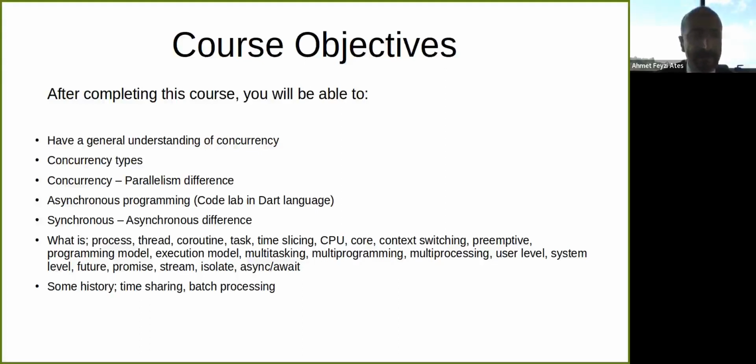And what is the difference between synchronous programming and asynchronous programming? Also, we will talk about some keywords and topics, including process, thread, coroutine, task, time slicing, multi-programming, multi-processing, future, promise, isolate, async, await. And I will share some programming history, since I'm a bit of an old guy. Maybe we will have a look at the old days of concurrent programming. Okay, let's start.